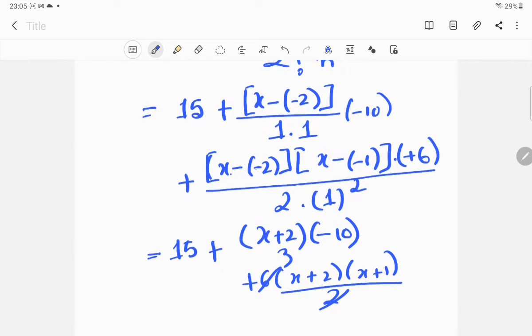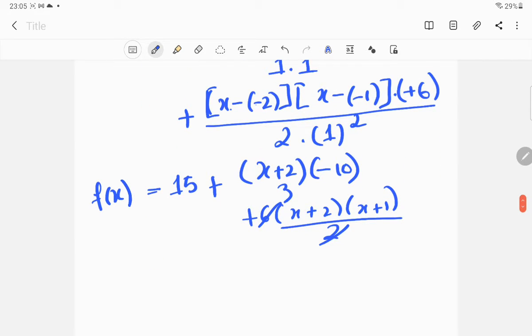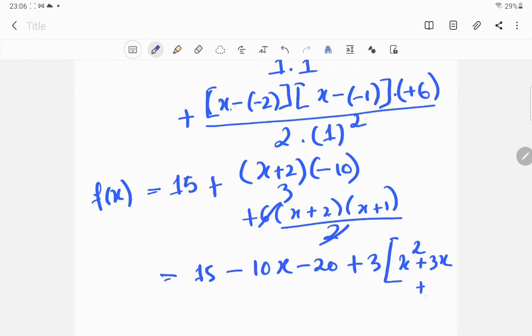So 2 3s are 6. So f(x) looks like this. So 15 plus, let me do it, minus 10, sorry, it will be minus 10x minus 20. Then we need to do plus 3 into x into x, x square, x into 1, 2 into x, so it is automatically 3x plus 2.